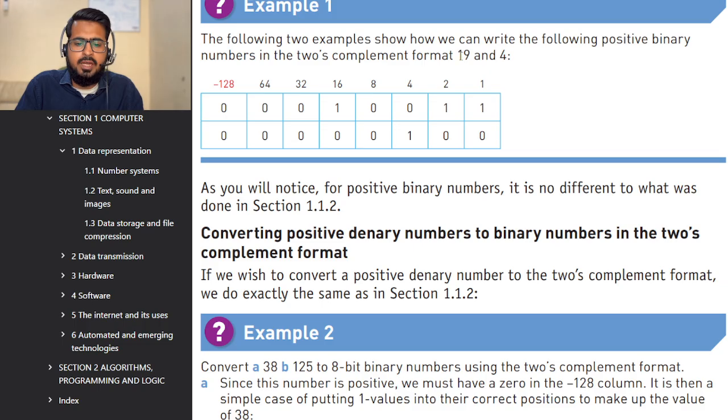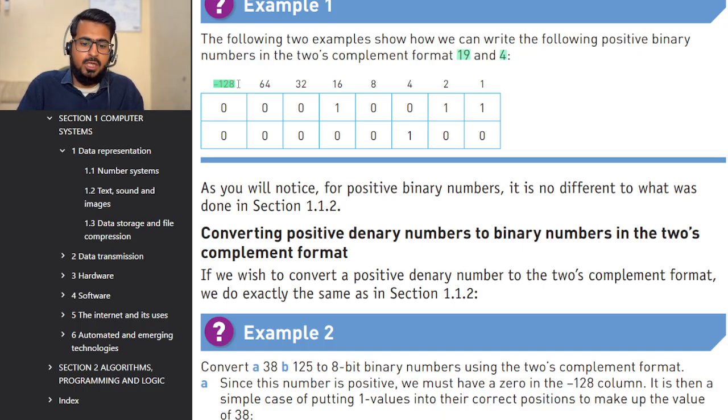So here's the denary value 19, denary value 4. Convert them. We know if it's a positive value, we don't need to use the leftmost bit. But we will show the examiner that we know the concept, so you must put the negative sign on the leftmost bit, right? That's a very important thing from your exam point of view.